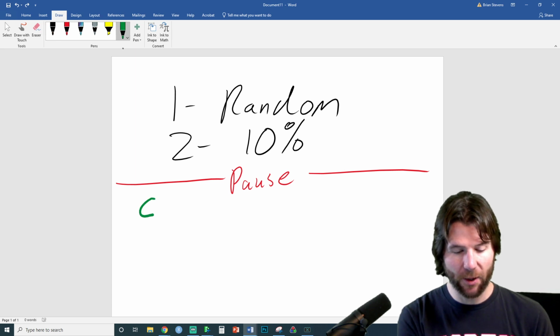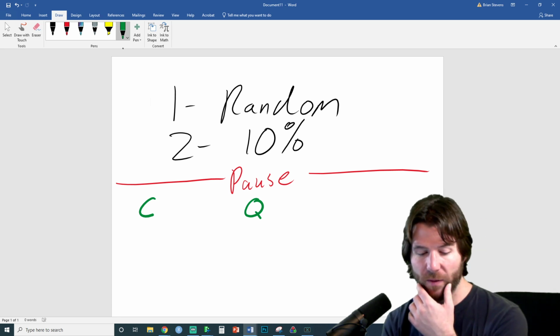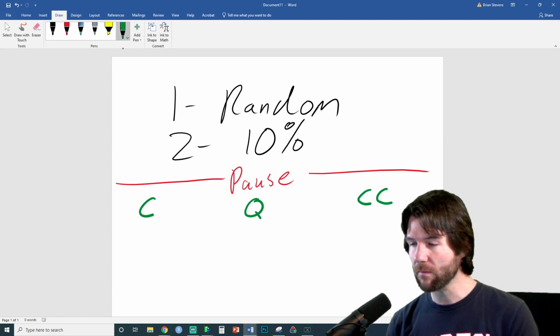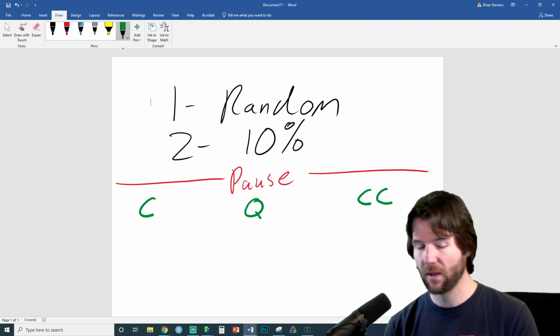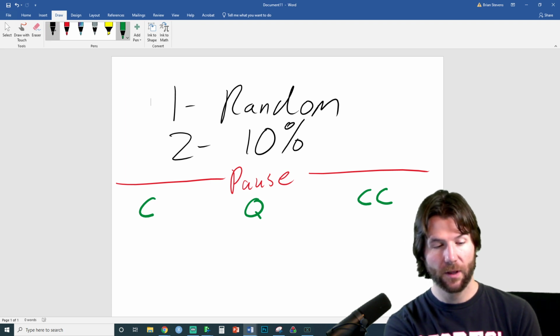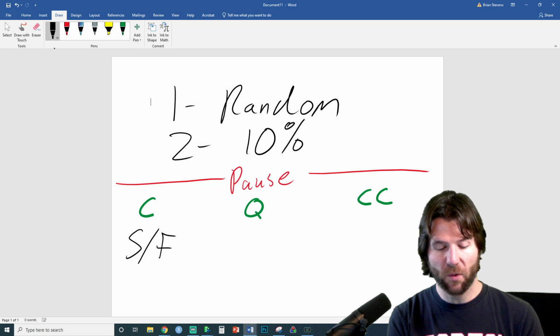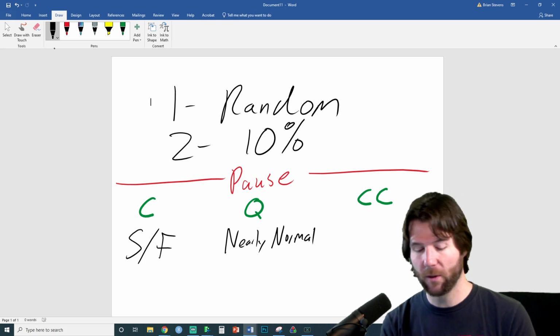We've got categorical, we've got quantitative, and then we've got double categorical, the chi-square test of independence. So if it's categorical, it is success failure. If it's quantitative, it's nearly normal. And if it's double categorical, it's count data.